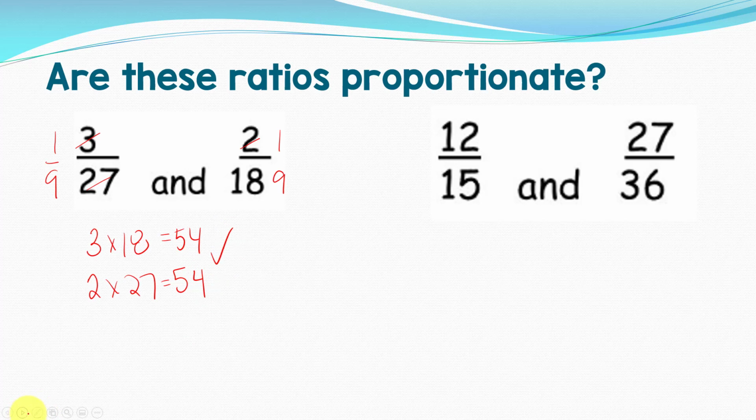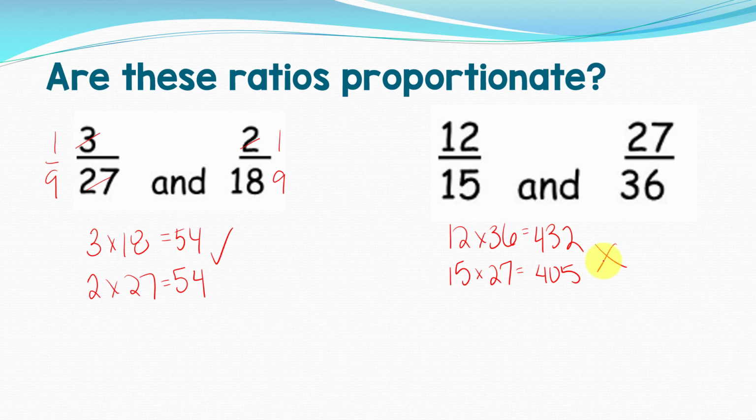All right. So if you don't want to try to reduce it, I could see here this could reduce by 3, and that would probably reduce by 9. But let's just go ahead and do 12 times 36 equals 432. And I can say 15 times 27 equals 405. So these are not proportional.